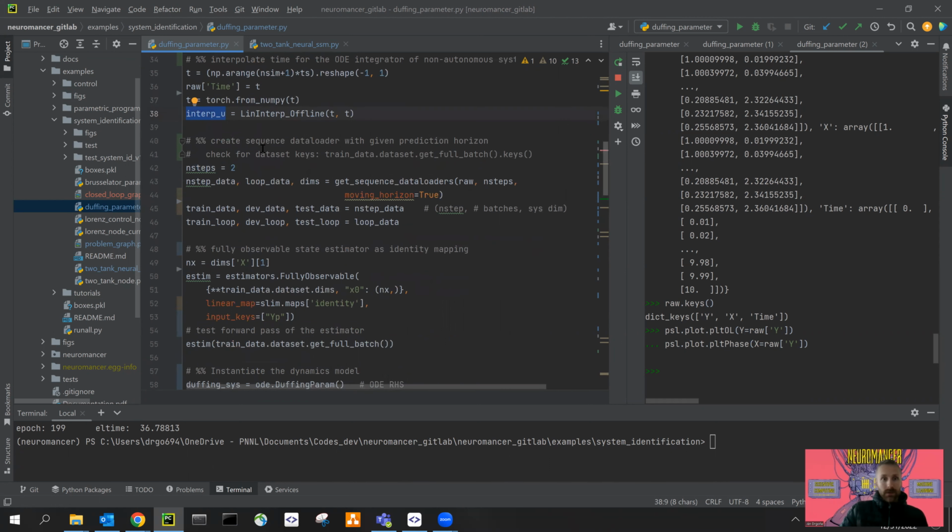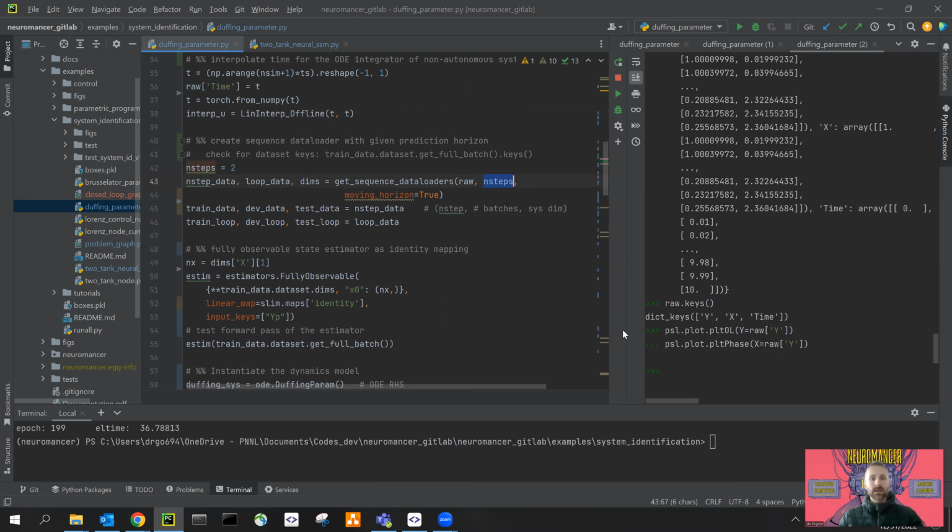In the next step, we create our custom PyTorch data loaders that use NeuroMANCER data sets. And how do we do that? We provide this raw data set of observable outputs Y and latent space X, and if we have a non-autonomous system, then explicit time information.